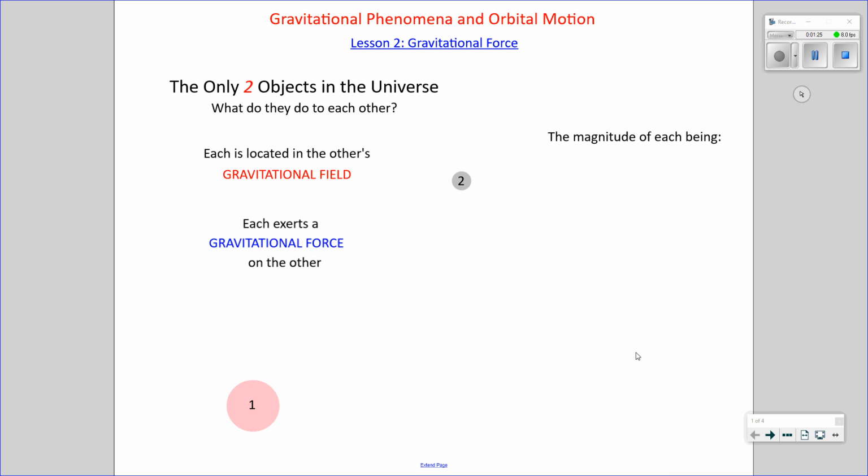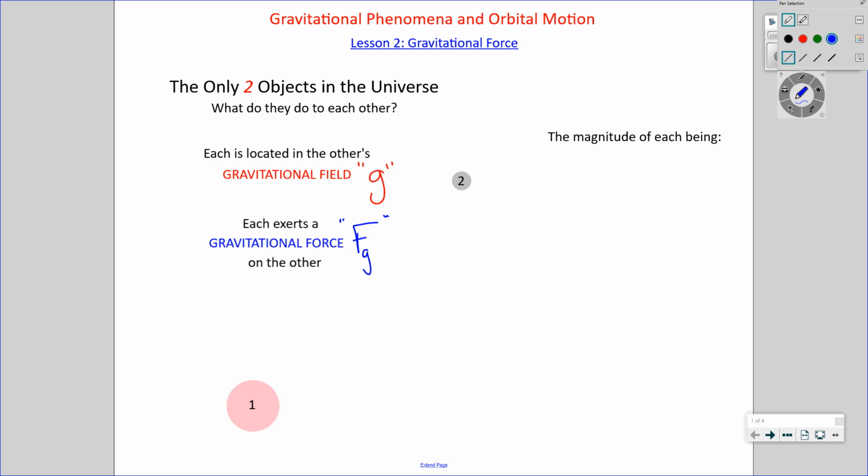Now, these two terms, gravitational field and gravitational force, can be tricky to keep straight. But as a physics student, that's part of your job. Okay, so we have to be okay with the fact that this gravitational field is what we call a lowercase g. Gravitational force we will call F with a subscript g.